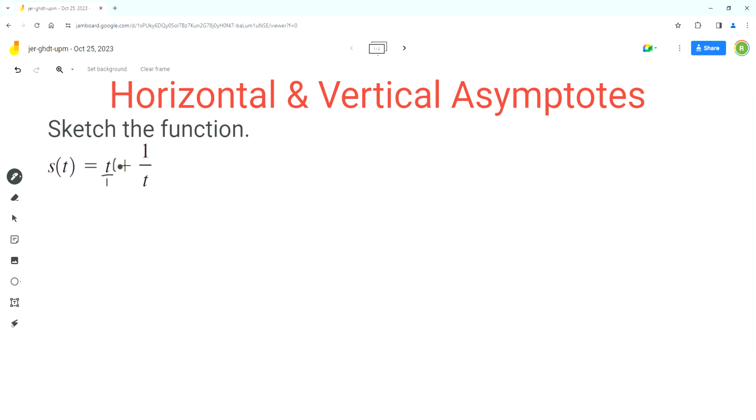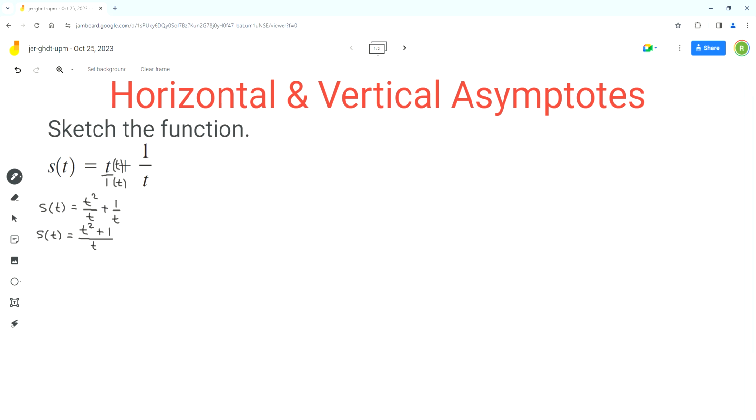So we'll multiply the numerator and the denominator of the first fraction by t to get the common denominator t. So we get s at t equals t squared over t plus 1 over t, which can be simplified to just s at t equals t squared plus 1 over t.